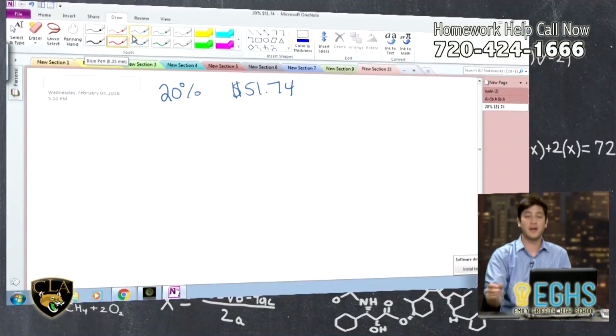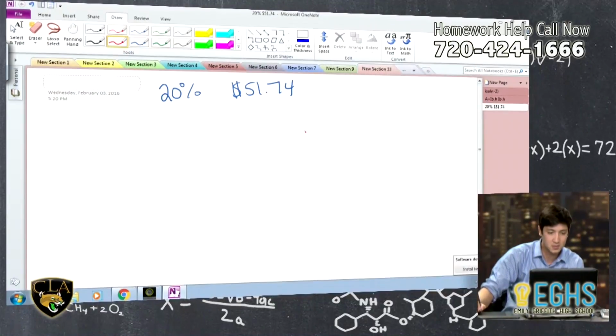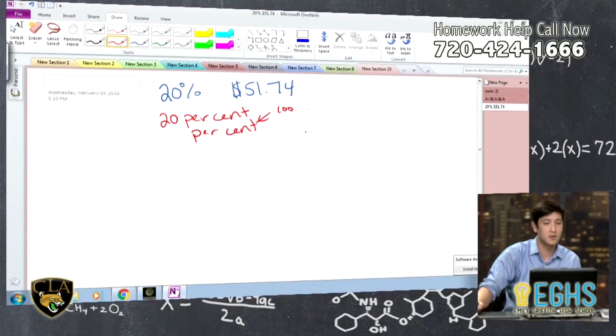The way Becca talked about this before, and I really like this explanation, I never really thought about this before, is that when we talk about percentages, we're talking about per 100. So let's go to the 20% first.